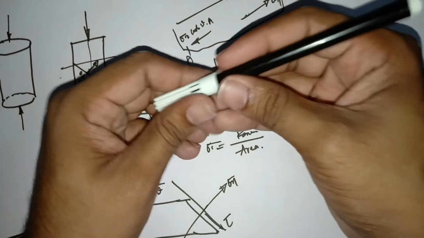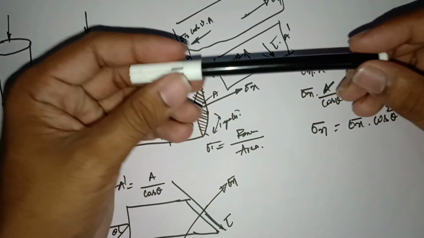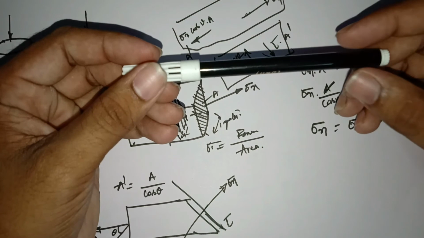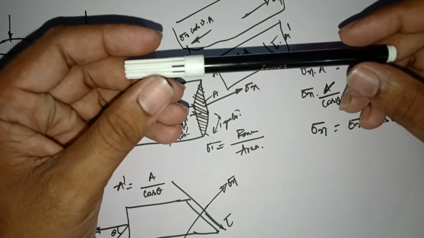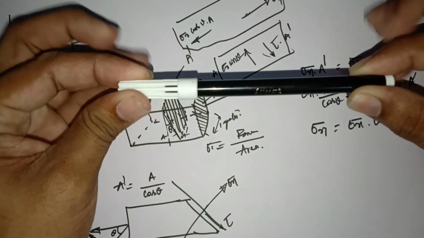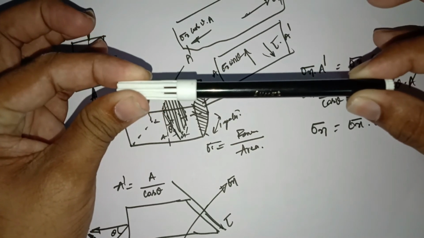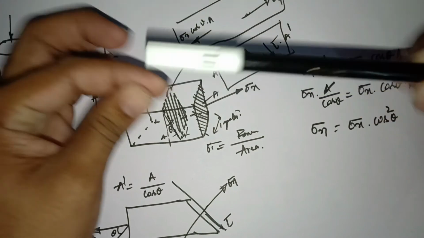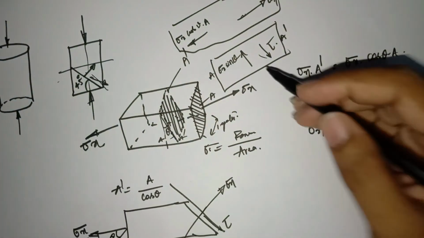So that is what we are doing here. If I am applying equal magnitudes of forces in both the directions, this will remain stationary in this position. That is what we are trying to do here. We are relating these two.